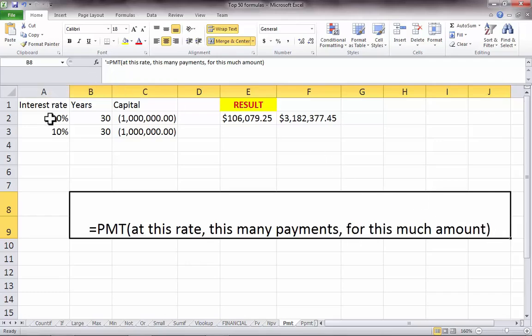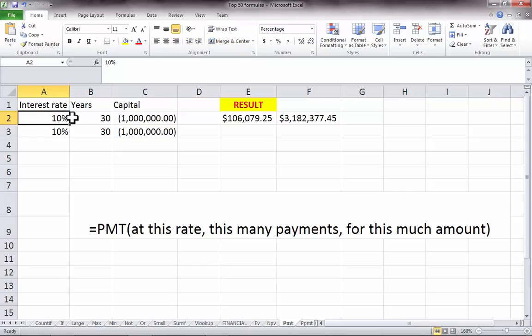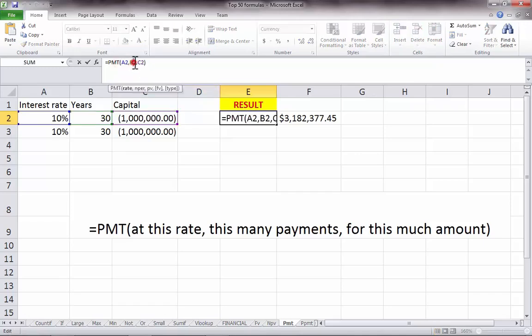Just to give you an example, we have this one. Let's say we have a mortgage at a rate of 10%. You're spreading it over 30 years. And then you have a loan of $1 million. So we pass in the rate, how many payments, like how many years in this case, and then the loan amount or the capital that you're loaning.